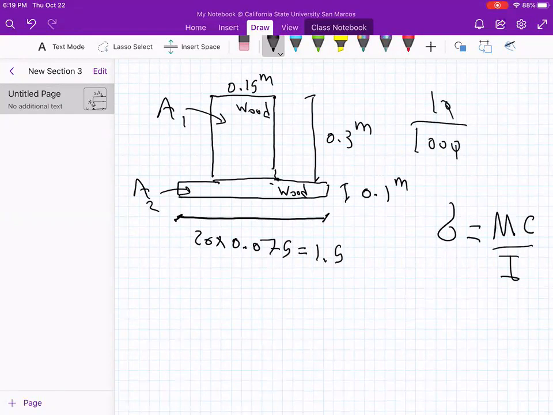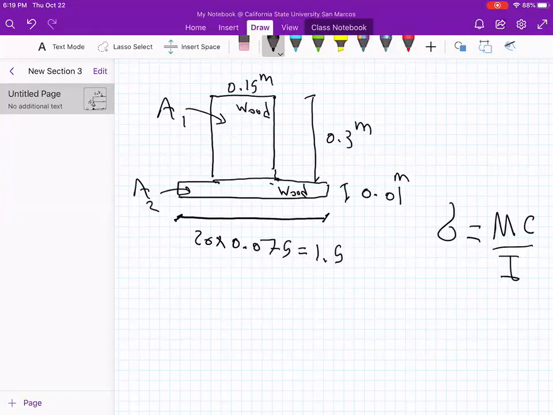Yes, you are right, I missed that. Thank you. 0.01 meter. Thanks. So are we basically giving the steel wood properties in order to solve the problem?